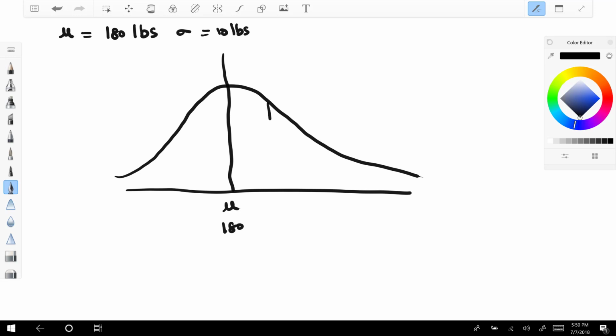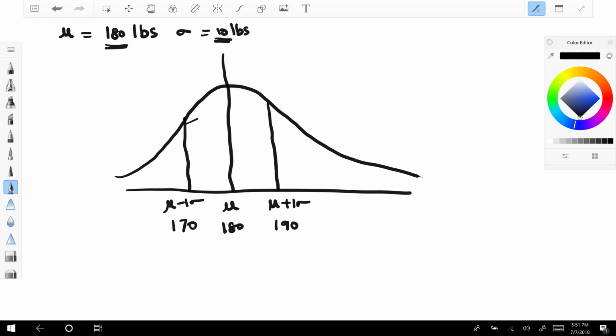Then this is positive one standard deviation. When I say mu plus 1 sigma, I am doing 180 plus 10, that is 190. Negative 1 sigma would be mu minus 1 sigma, so 180 minus 10 gives us 170.